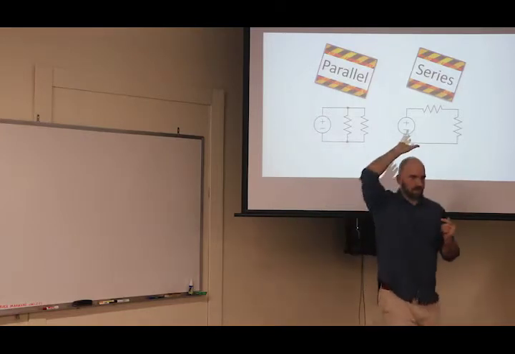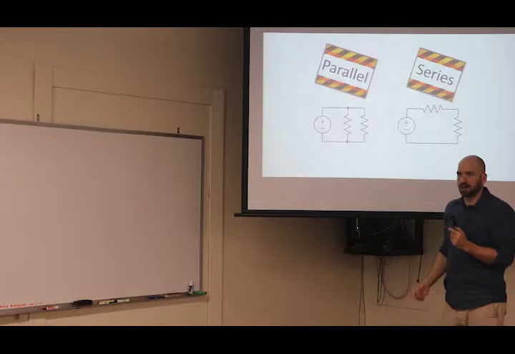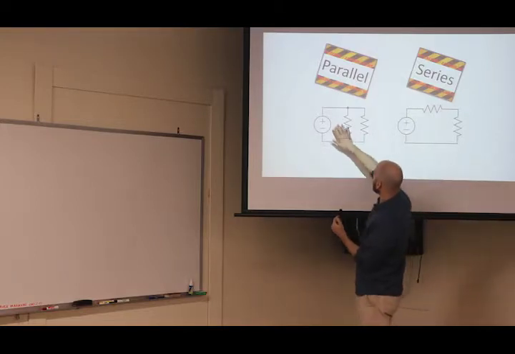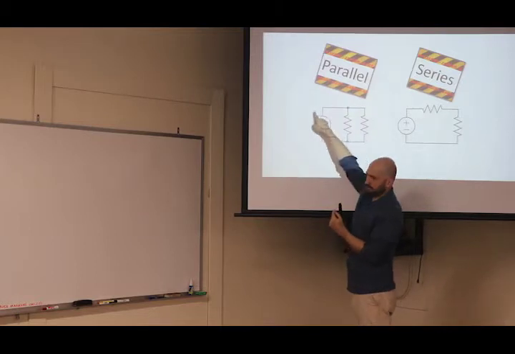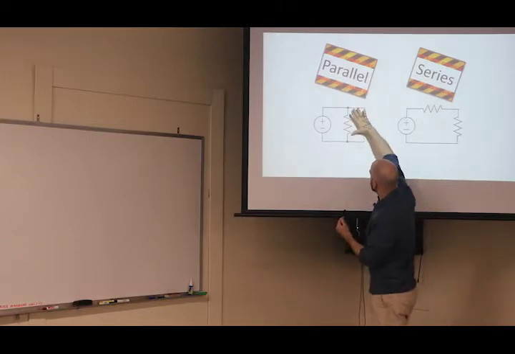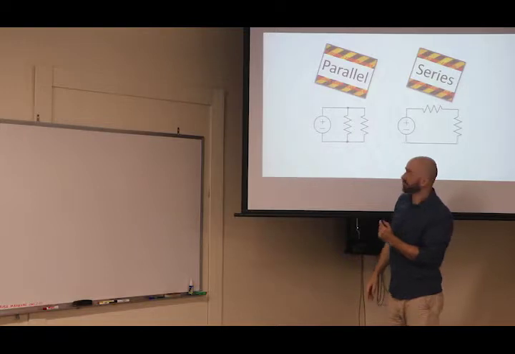So I'm showing resistors here, but this is any sort of circuit. These concepts of parallel and series are going to come into mind, and you've probably encountered them other places, and it's the same basic idea. Here's the node at, we'll call this 9 volts, but whatever it is, the voltage source. 9 volts up here, 0 over here, which means that 9 volts is going across both of the resistors.